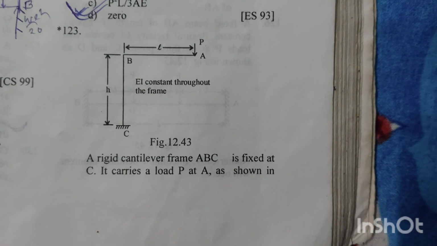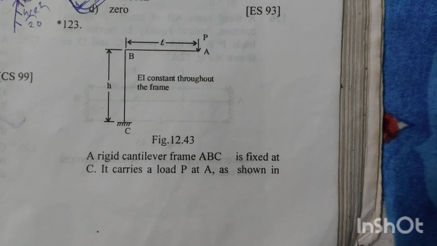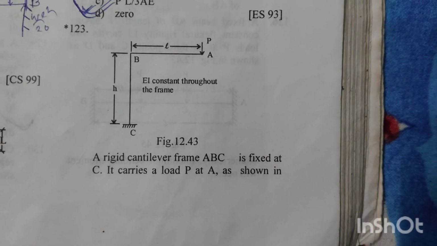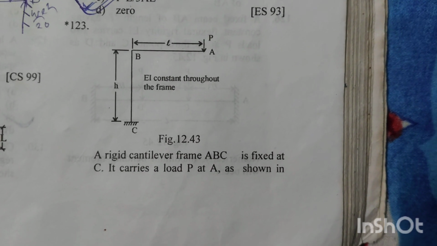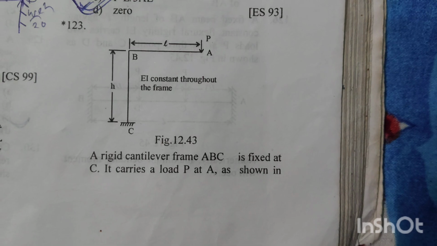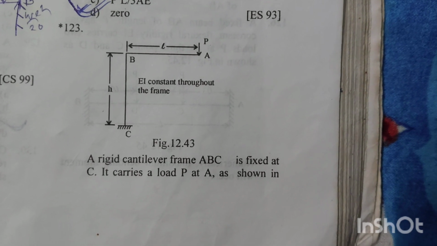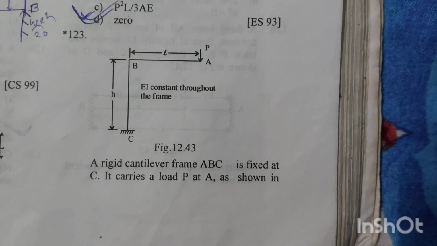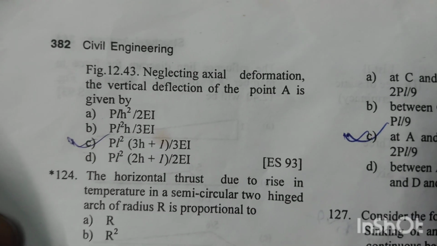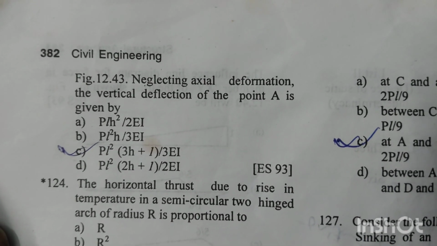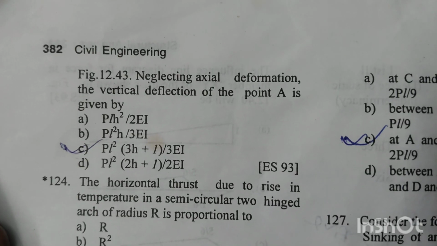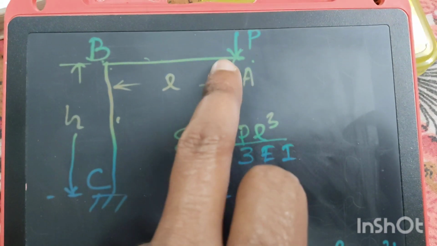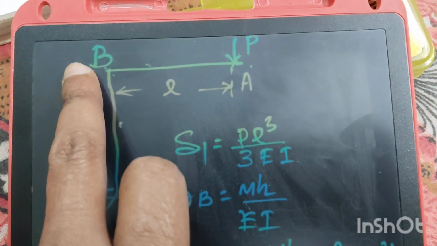Question number 123. A rigid cantilever frame ABC shown in the figure 12.43 is fixed at C. It carries a load P at A as shown in the figure. Neglecting axial deformation, the vertical deflection of the point A is given by, suppose AB is the cantilever end.